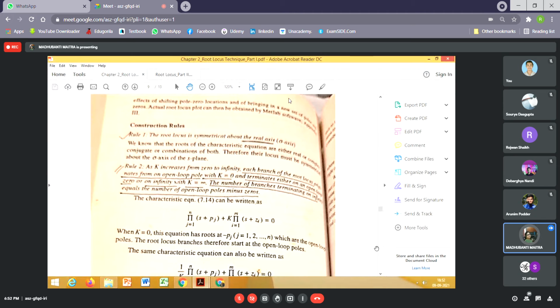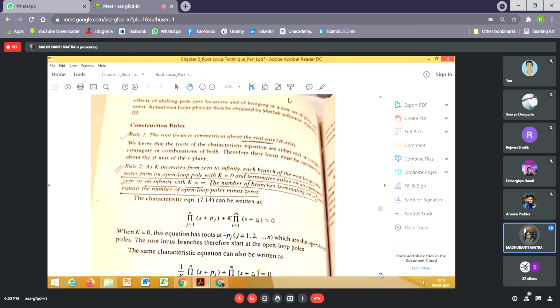When gain k is 0, n root branches originate from n open loop poles, and as k tends towards infinity, m of those root branches will terminate on m open loop zeros. Clear? Clear, ma'am. Okay.